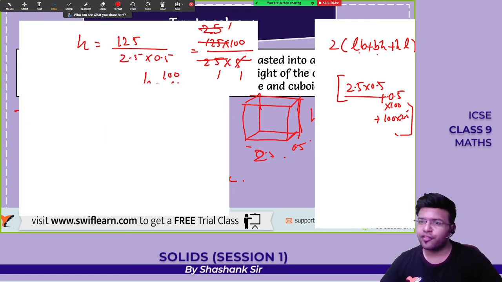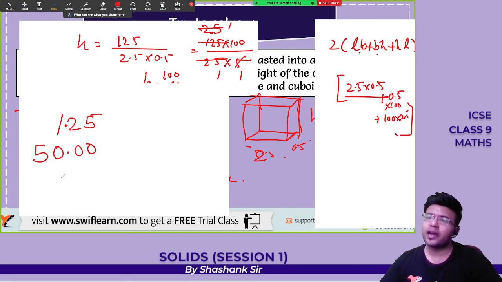So 2.5 into 0.5, 25 fives are 125, decimals after two numbers, so it is 1.25. 0.5 into 100 is 50, and 2.5 into 100 is 250. Yes, add them all.